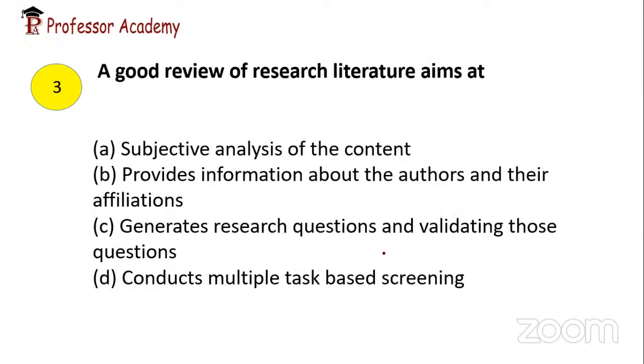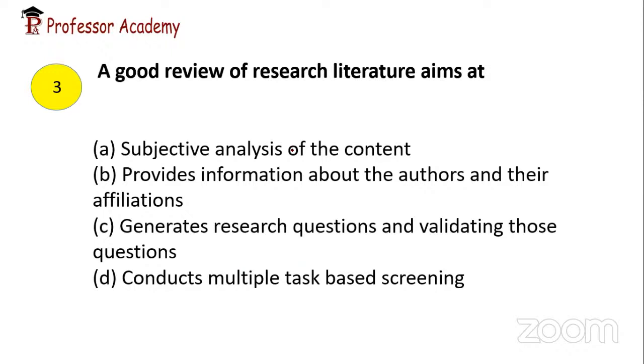Moving on to question number 3. A good review of research literature aims at option A, subjective analysis of the content. Option B, provides information about authors and their affiliations. Option C, generate research questions and validate those questions. Option D, conduct multiple task-based screening.